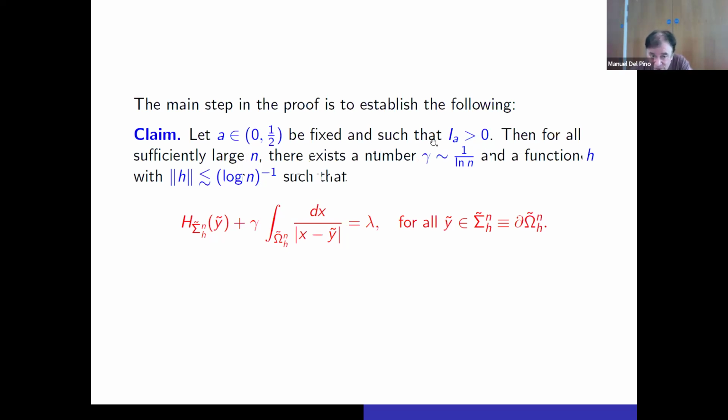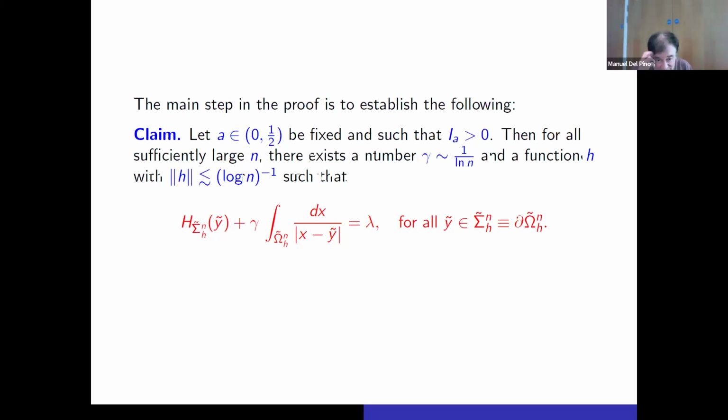So gamma is of order 1 over log, and this perturbation h is of size 1 over log as well, such that this situation holds. So we will be able to find a number gamma and a small perturbation of the domain omega tilde n such that this holds.